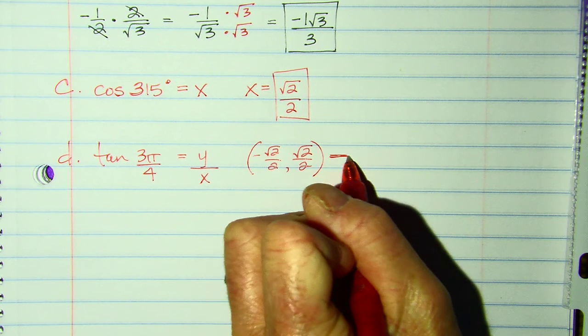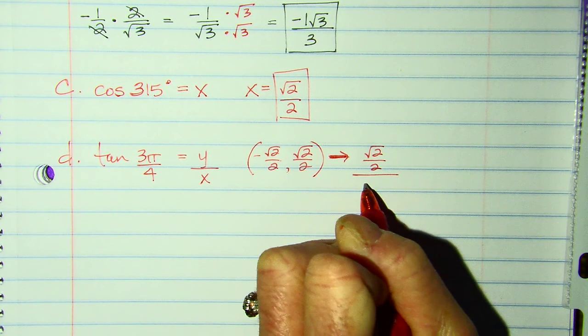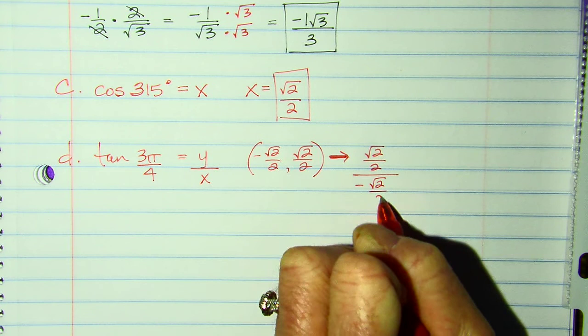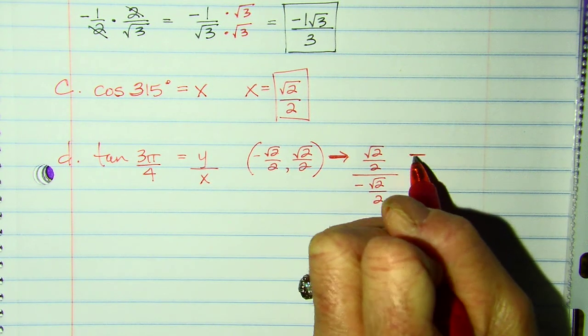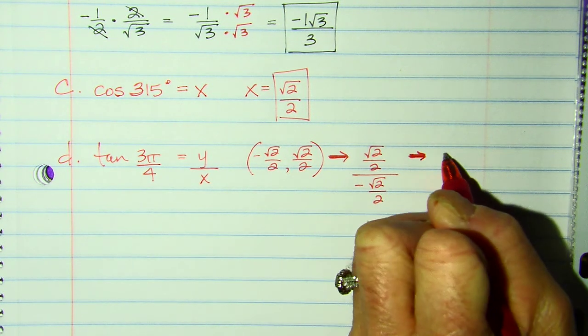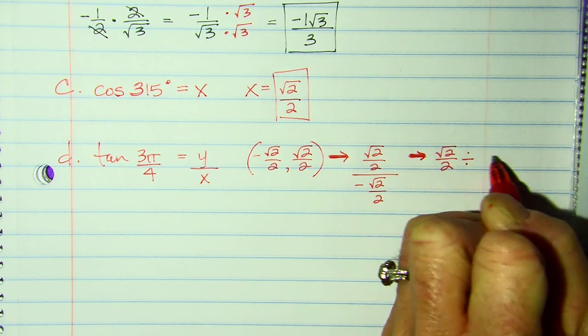So to write this, I would write the y value over the x value. Now hopefully you can already see that those are identical, but if you get stuck or there's a problem later like this, it's the top divided by the bottom.